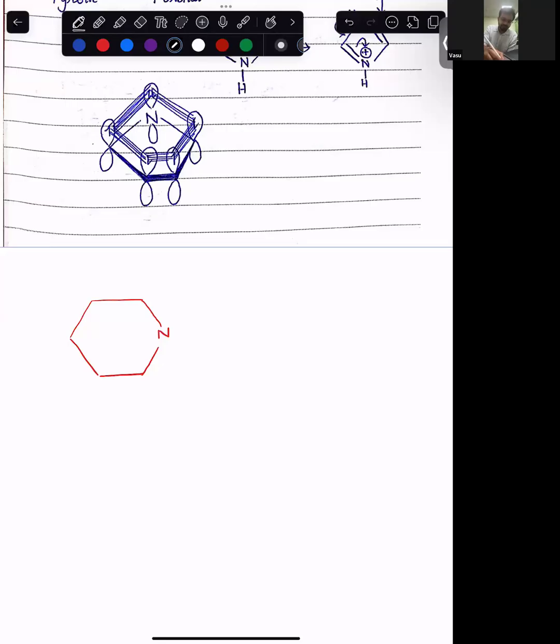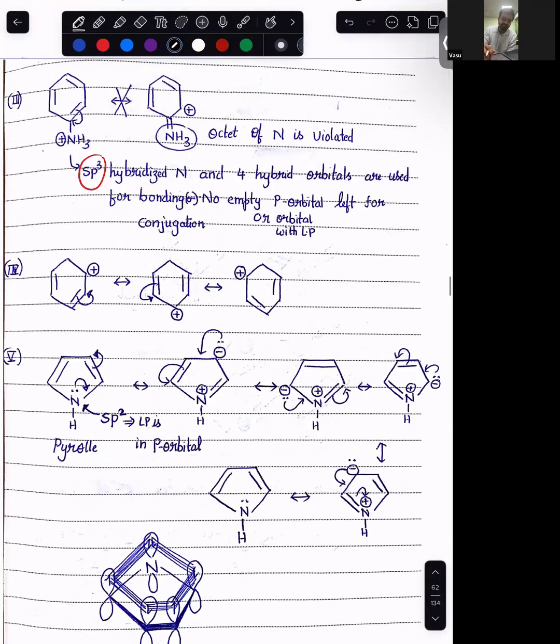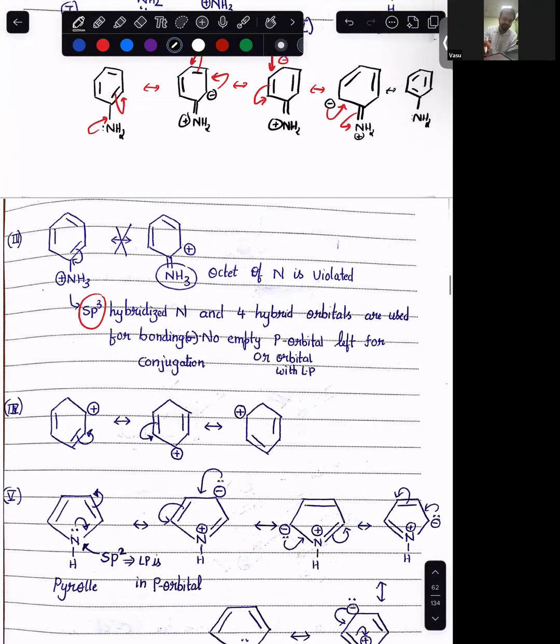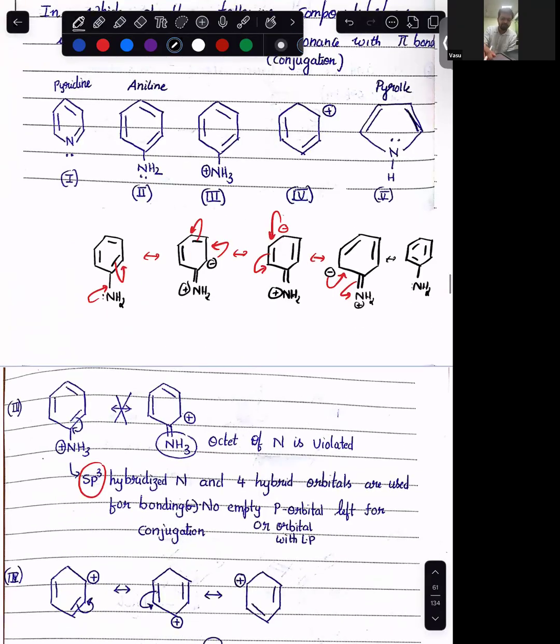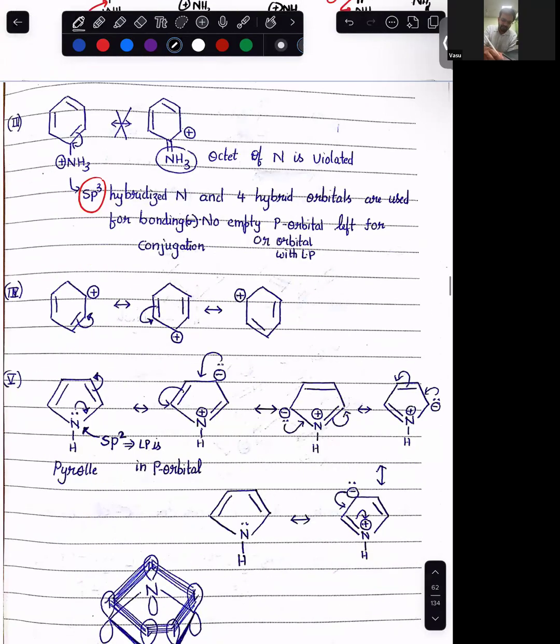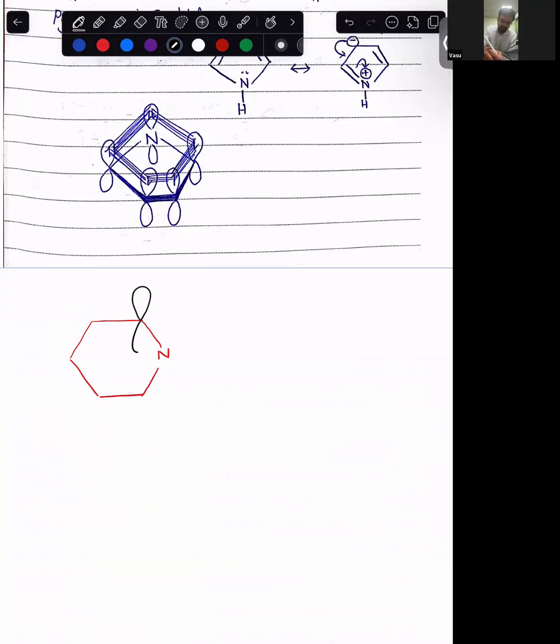See, first let's get the hybridizations of these things. Or let's form the pi bond. You have a pi bond between the carbon and the adjacent nitrogen, right? You have a pi bond between these two carbons.